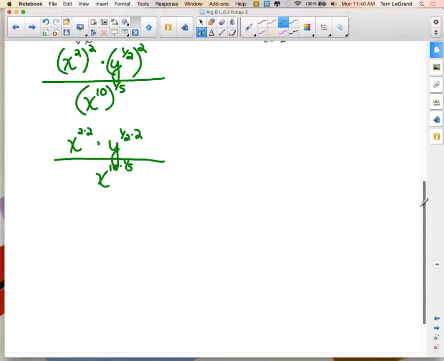So now what do we have? Upstairs we have x to the 4th times y to the 1st, because half of 2 is 1, over, what's a 5th of 10? In other words, if I have $10 and I'm going to divide it up equally 5 ways, how much money are you each going to get? $2. So it would be x to the 2nd power downstairs.